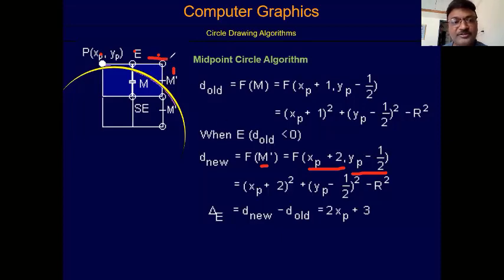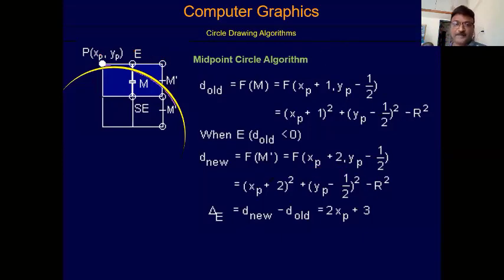Only the x value is going to increase. Suppose I am going directly downward, then my y value is decreasing, because it is the minus value, and this will become a plus value for x and a minus value for y.